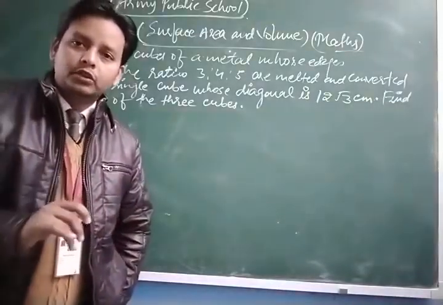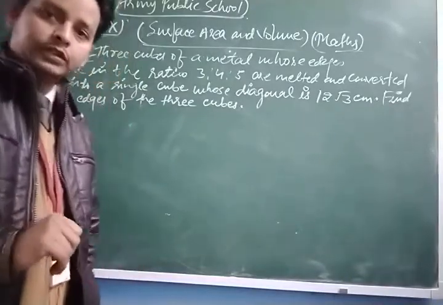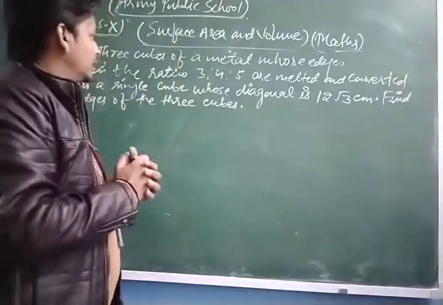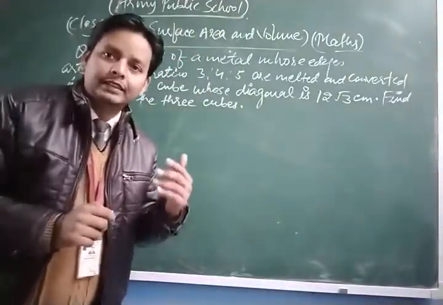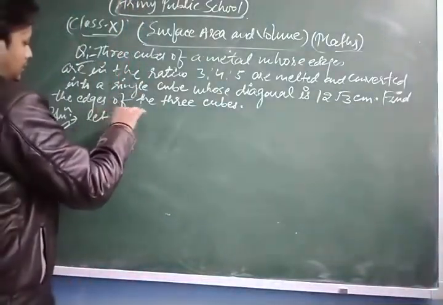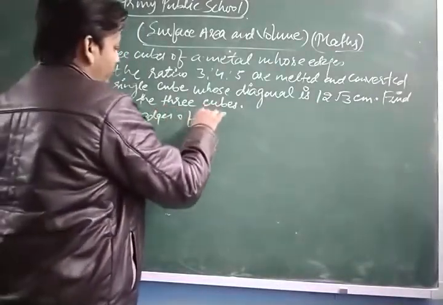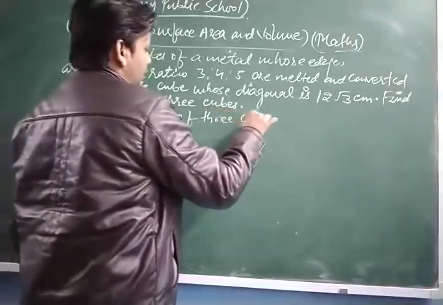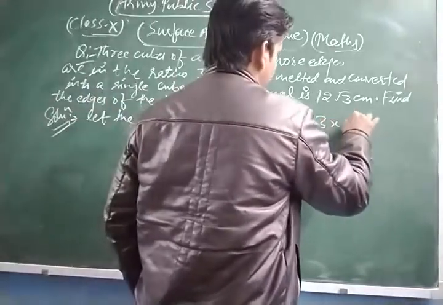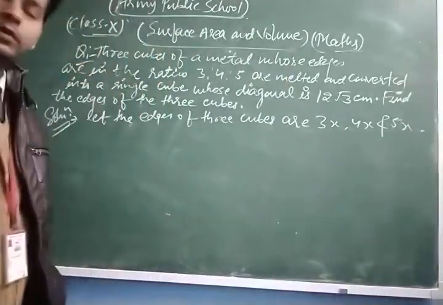Dear friend, this is a very important question based on the conversion of solids. Let's see what the process is to solve this type of question. Here 3 cubes of a metal whose edges are in the ratio is given. First of all, we take the edges of the 3 cubes as 3x, 4x and 5x respectively.